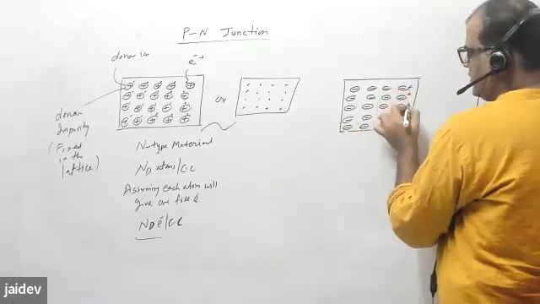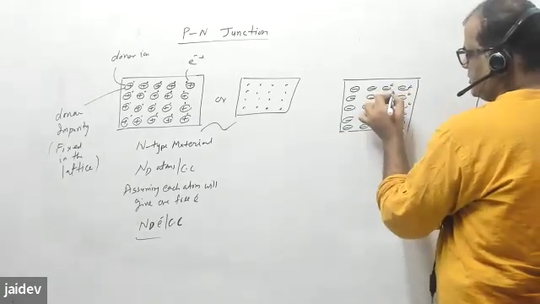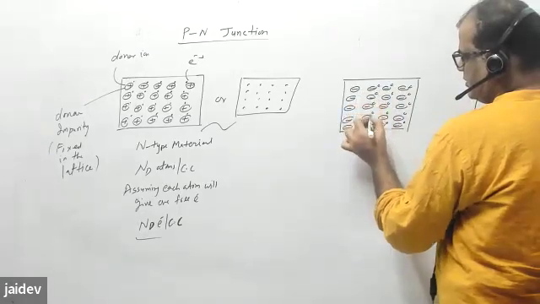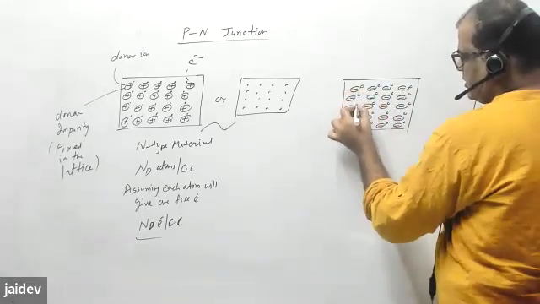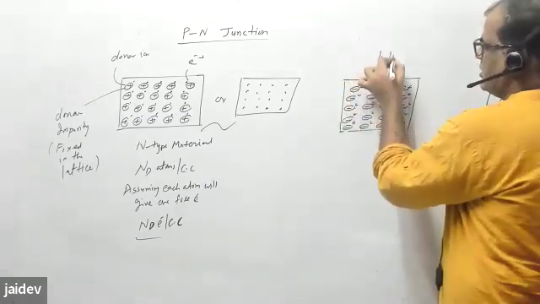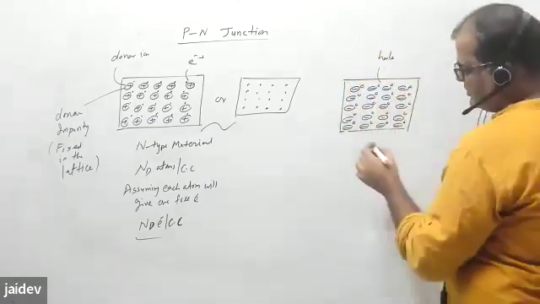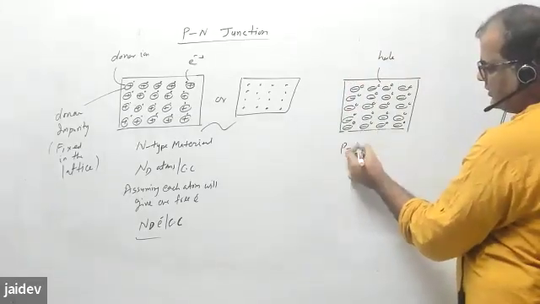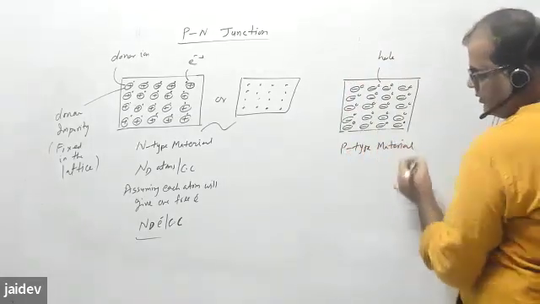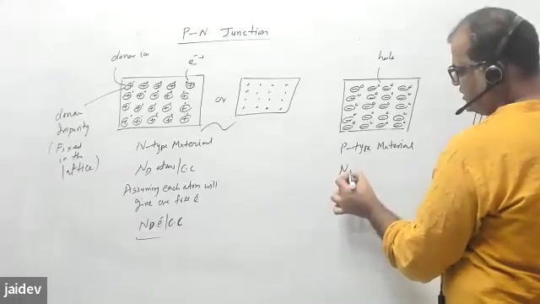Here we have a hole. So this is a hole. This is a representation of p-type material. Here the concentration is Na.